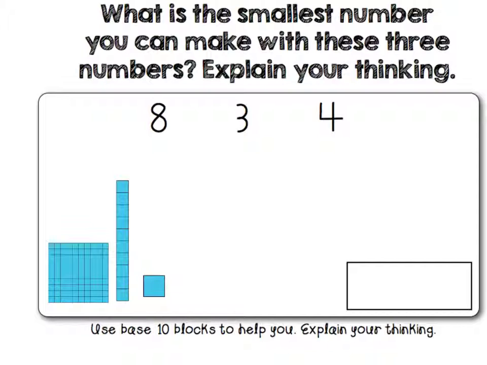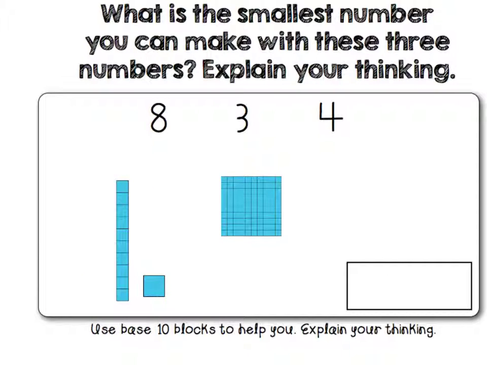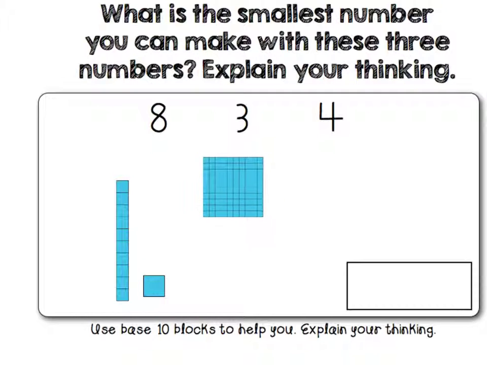To figure out the smallest number, I want to look at my hundreds place first. I would need to figure out which number is going to be the smallest value in the 100s place.